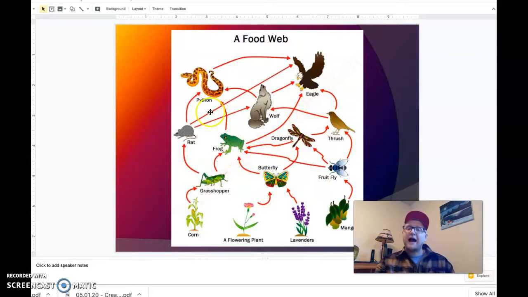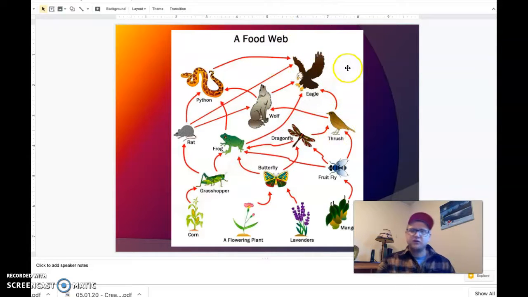As you go higher up in the food web, you have some different types of animals like carnivores, omnivores, things like that. So this python would be a carnivore because it eats a whole bunch of different things like rats, frogs, this wolf, and probably this bird would go straight to the python. That python is a carnivore, and you can see in this web which animals and different organisms it eats.